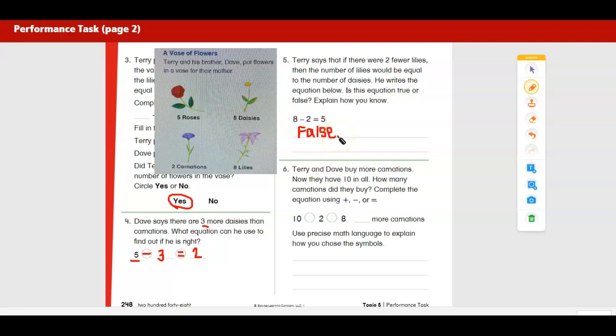We could explain how we know by writing the correct number below. We could show that 8 minus 2 is actually equal to 6. We could double check our work by saying 6 plus 2 is equal to 8. And we see that it's in the same fact family, so this is correct.